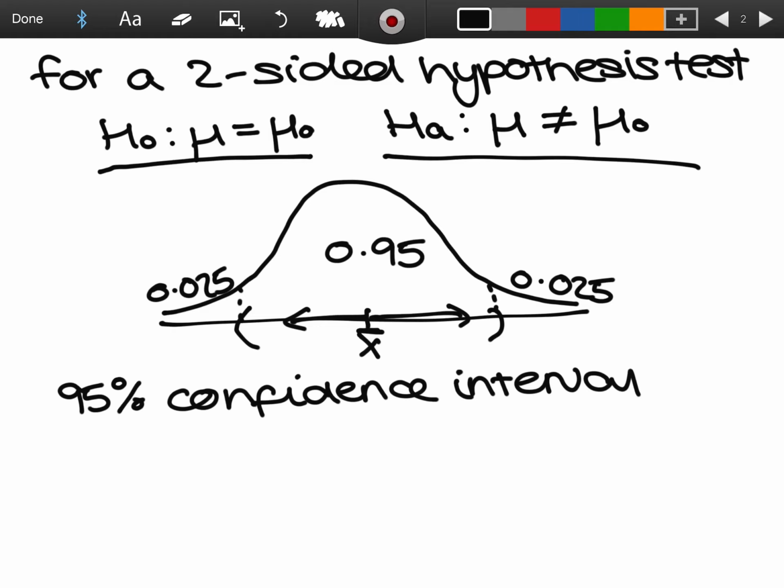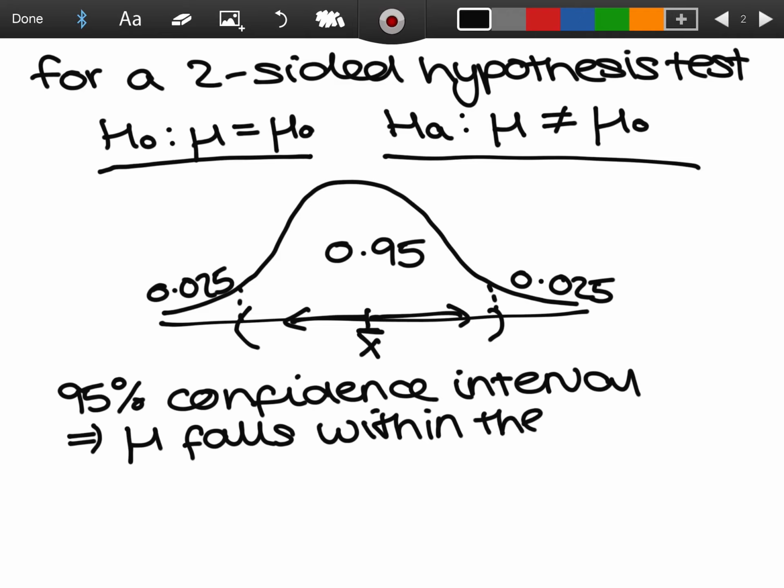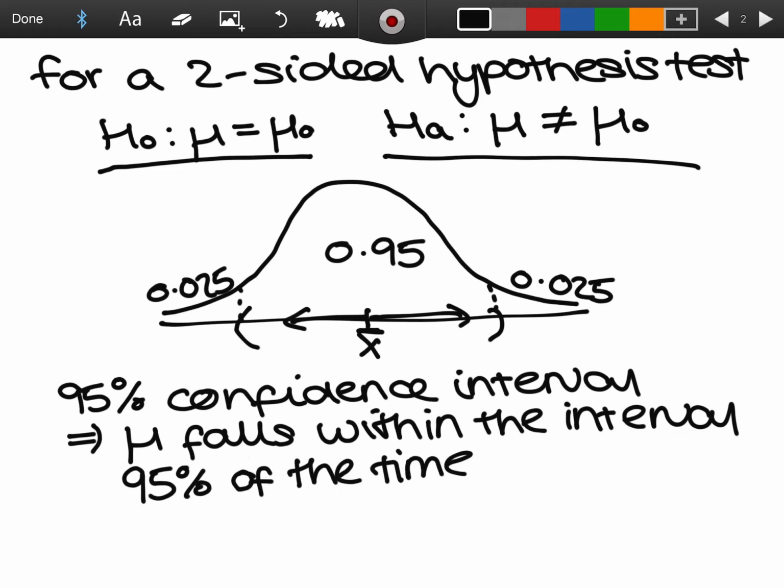What we want is that 95% of the time, this is when we did confidence intervals in chapter 10, 95% of the time, we want that population mean to be within that interval. Okay, so it falls within the interval 95% of the time.